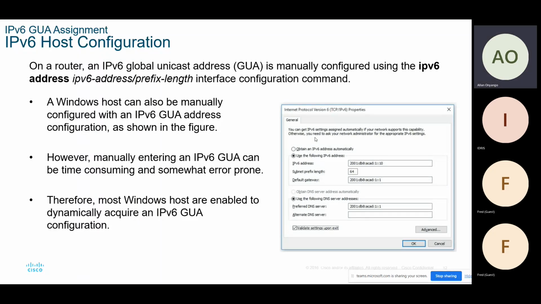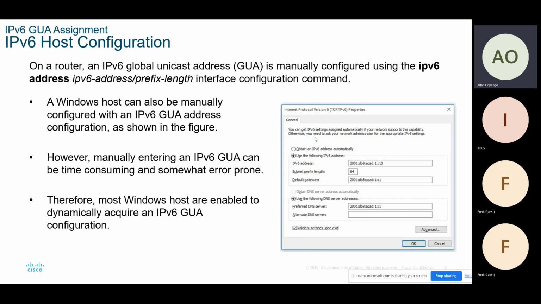Because IP version 6 addresses are a bit longer in size, 128 bits, the number of hexadecimal digits used is always longer, and so it's a bit time consuming.